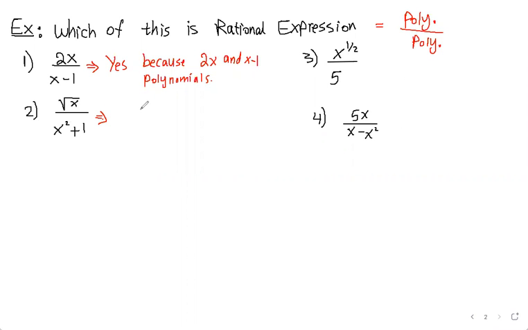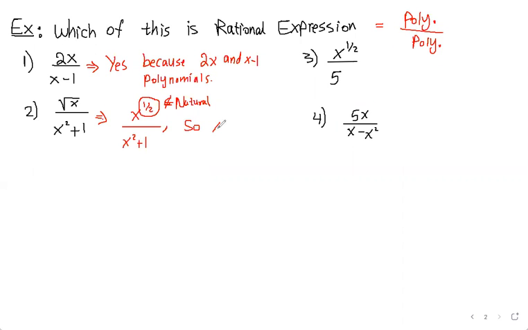So this actually looks like x to the power 1/2 over x squared plus 1. The exponent 1/2 is not a natural number. So this means x to the 1/2 is not a polynomial.